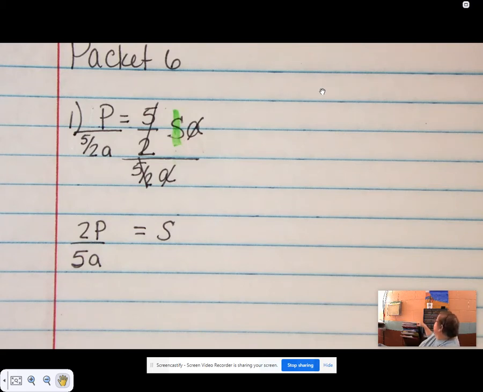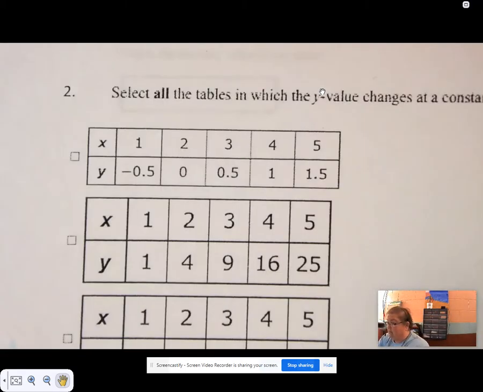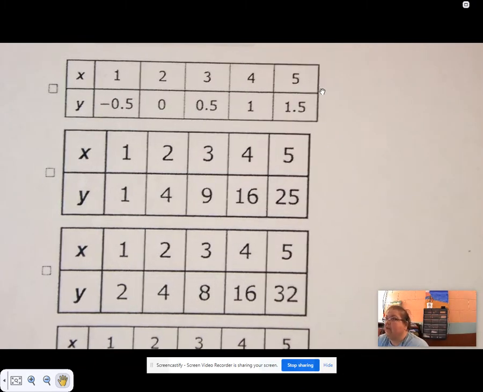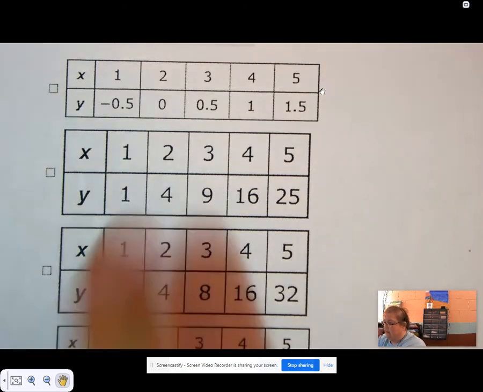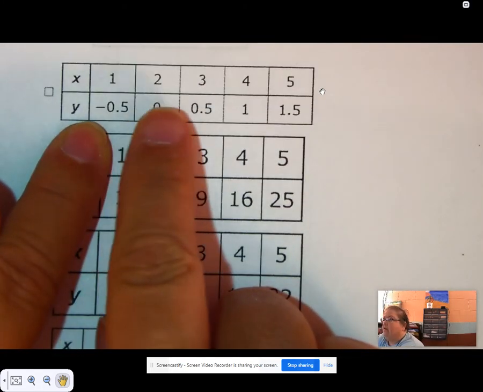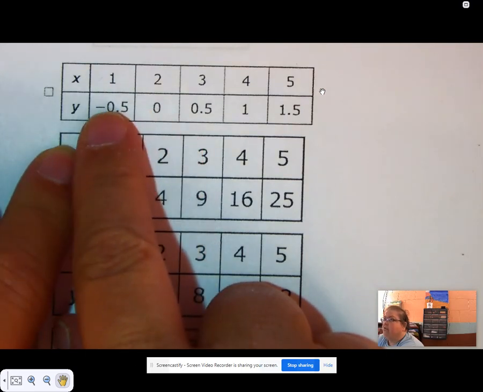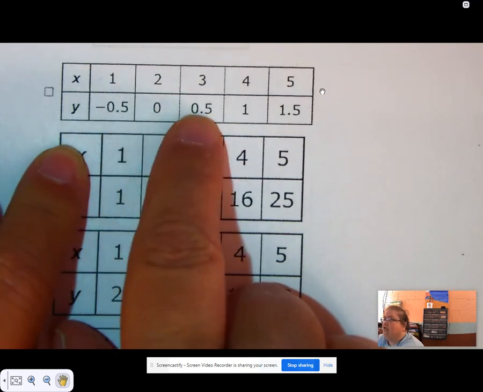So I want you to look at those and tell me, how am I going to determine that? Well, changing at a constant rate, which means the same rate, yes? Second term minus the first term tells you how it's changing.